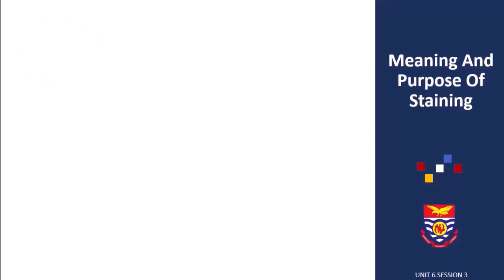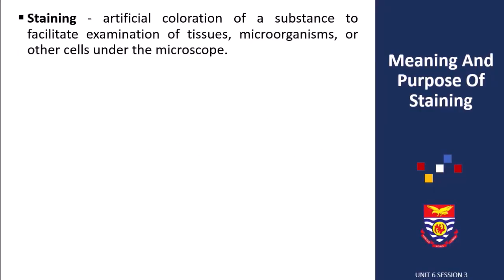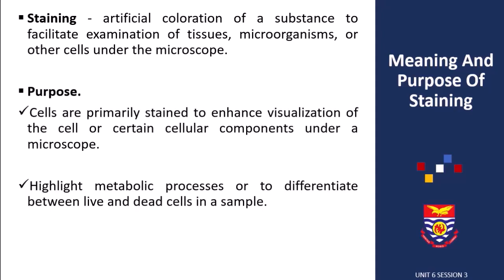Beginning with staining, staining involves the use of artificial coloration of a substance, normally referred to as dyes, and these substances help to facilitate examination of the tissues. It could also be microorganisms and other cells under the microscope.